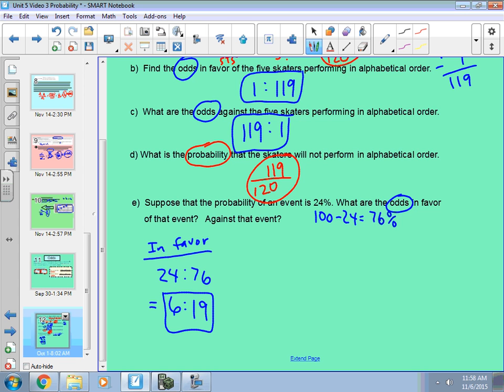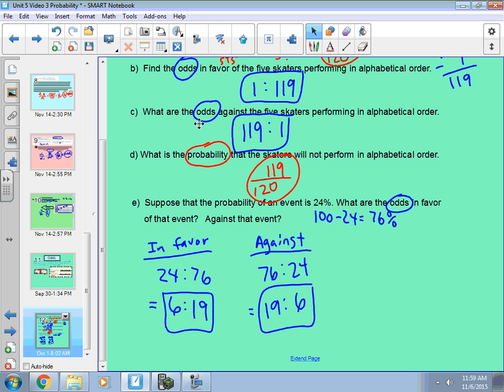The odds against this happening would be the reverse: a 76% chance it doesn't happen to a 24% chance that it does happen. And again, if you reduce that, that'd be 19 to 6. So odds don't use totals. They use what you're looking for compared to the other possibilities. Okay, try some of the practice ones out now and see how you do.